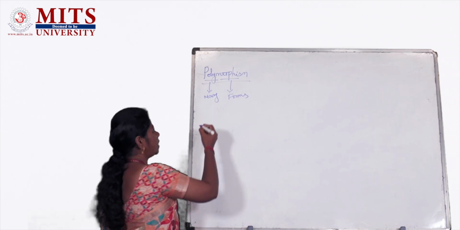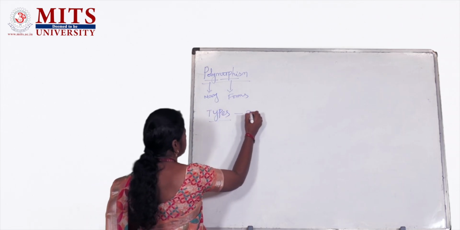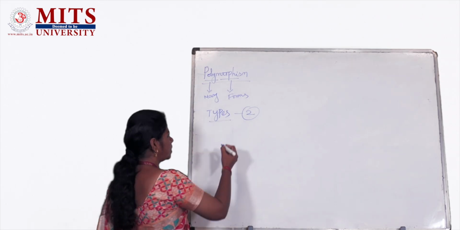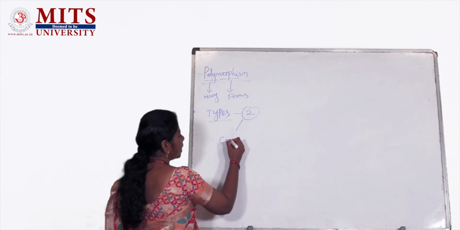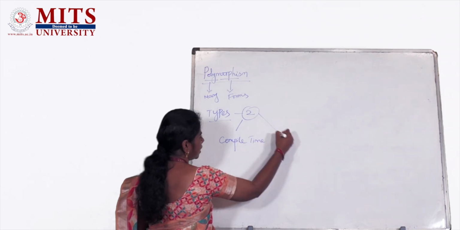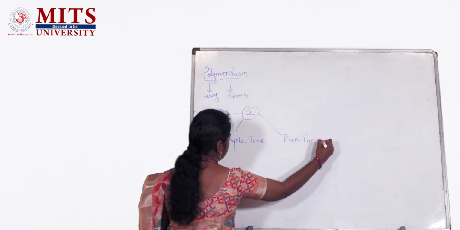Next we have the types of polymorphism. We generally have two types of polymorphism. The first type is called compile time polymorphism, and the second type is called runtime polymorphism.